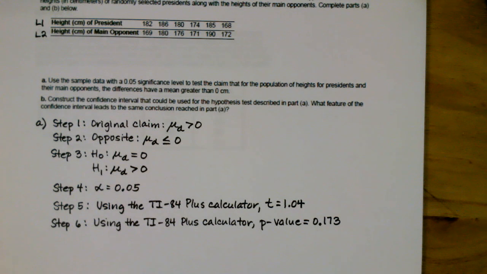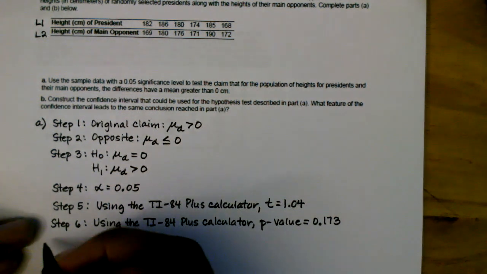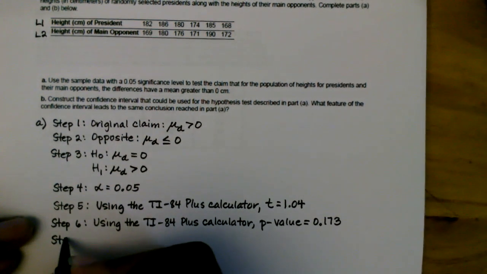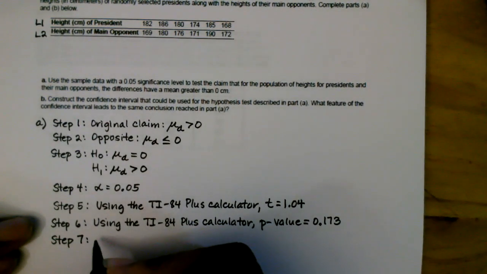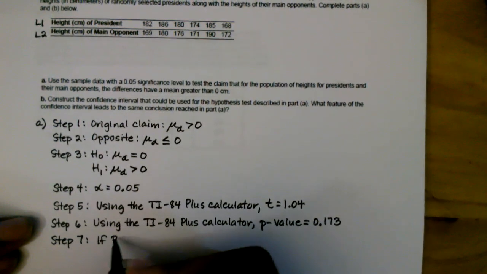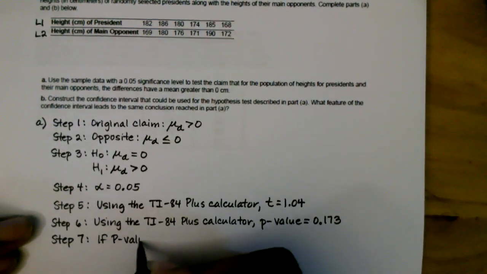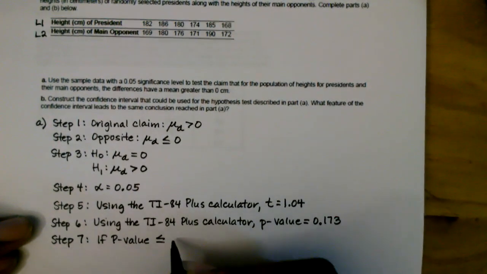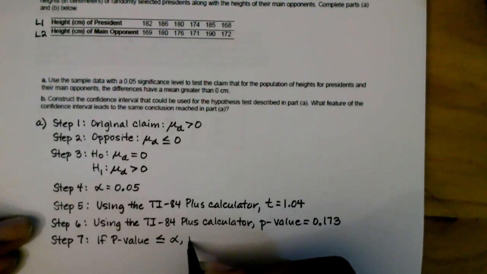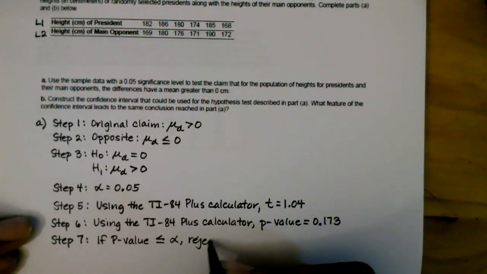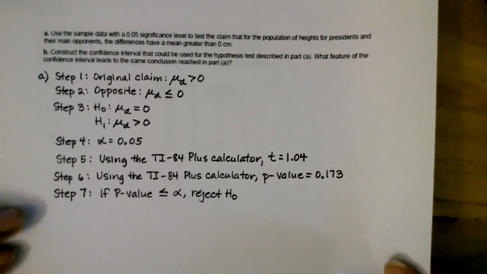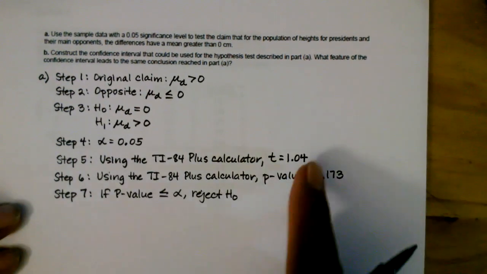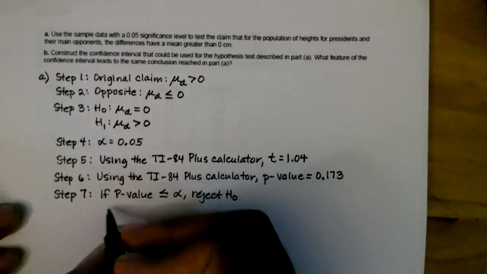All right. And now step number 7 is our decision rule. And that says here, if your p-value is less than or equal to alpha, we reject the null hypothesis. Our p-value was 0.173.